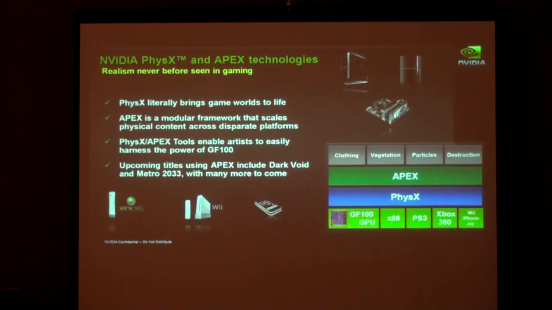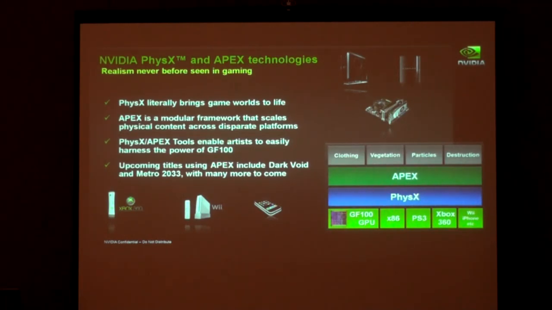You guys already saw Dark Void and Metro, and there's a whole bunch of titles that are going to be using Apex and PhysX that's GPU accelerated that you will see coming into the future. Those little symbols over there represent where PhysX is deployed. It's on the consoles, PS3, 360, on the Wii, and also on handheld platforms.